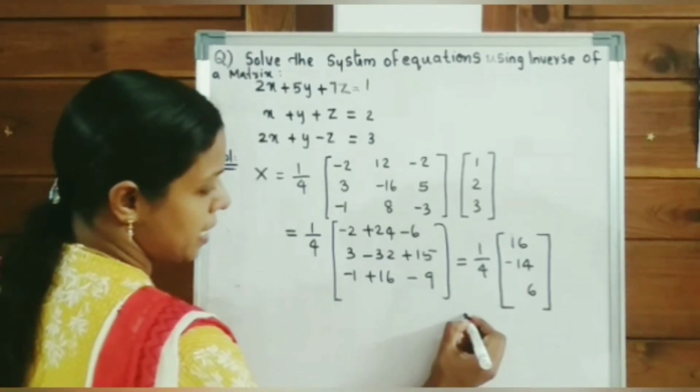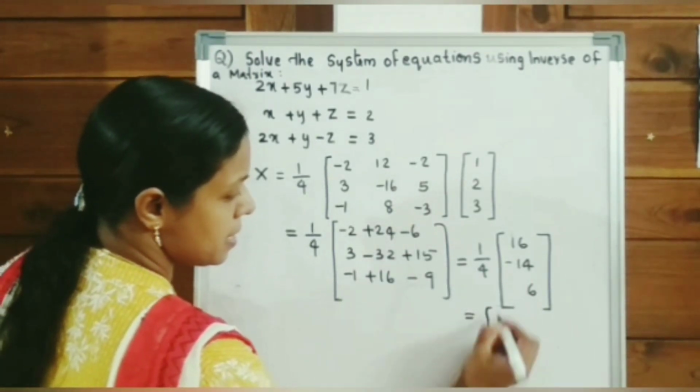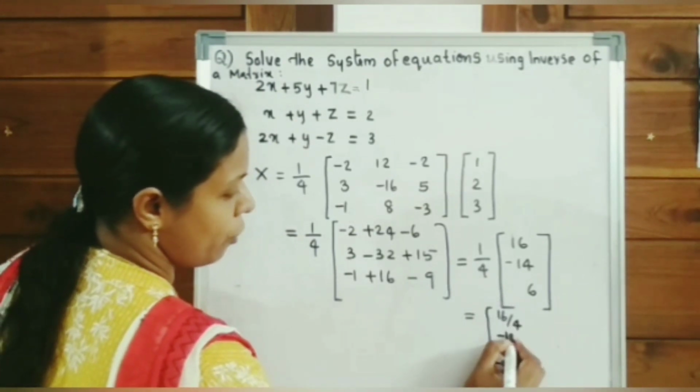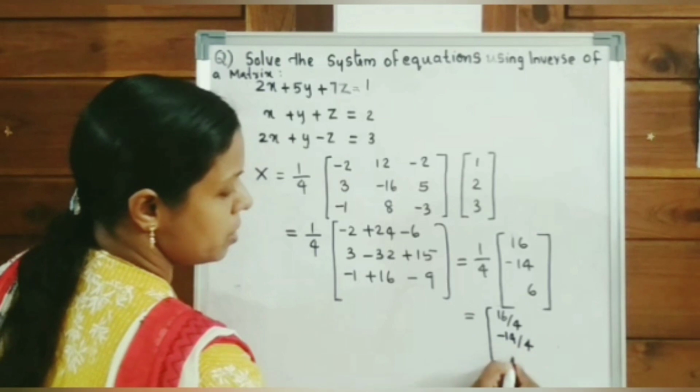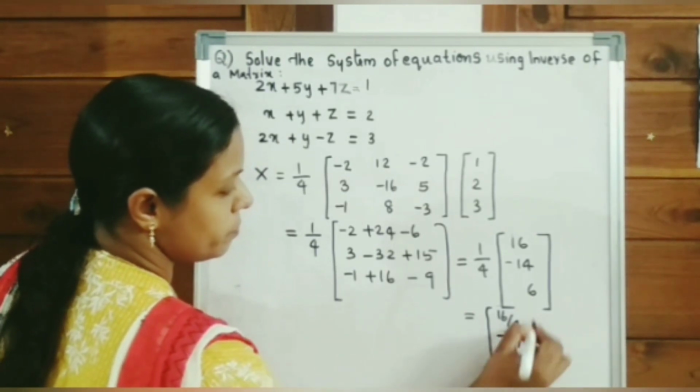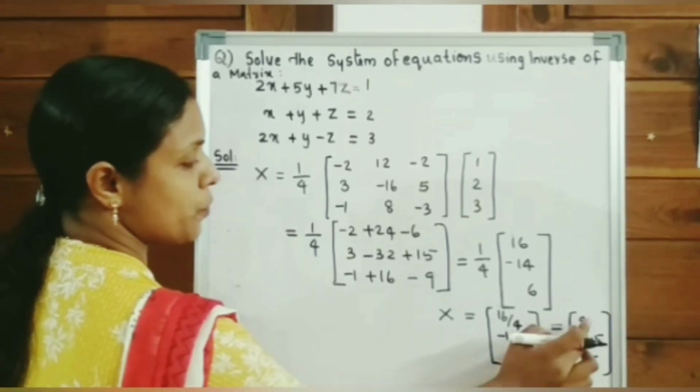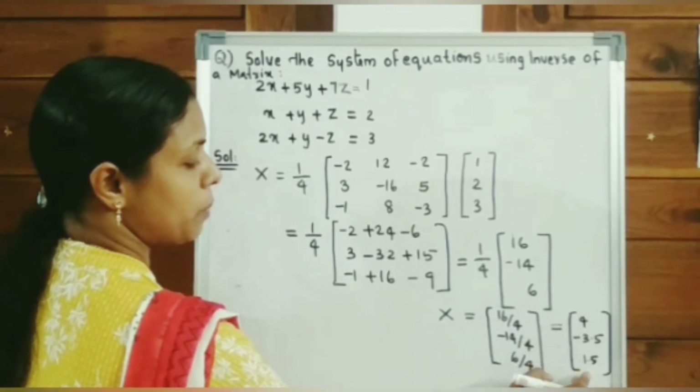Next that is equal to matrix 16 divided by 4, negative 14 divided by 4, 6 by 4. Now we get X is equal to matrix 4, negative 3.5, 1.5.